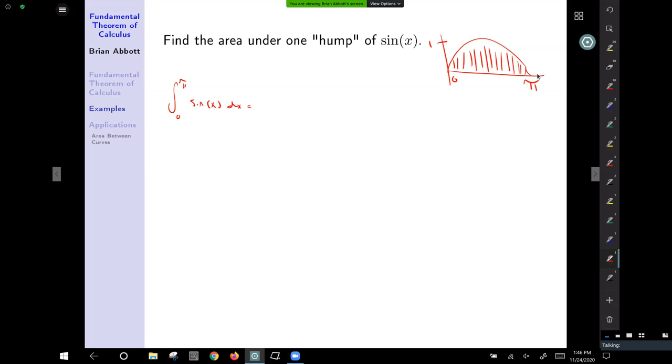And we know that, ignoring the fact that we have a definite integral with bounds here, if this was an indefinite integral, we could say, okay, negative cosine of x has derivative positive sine.